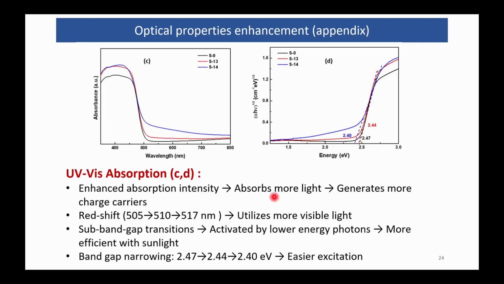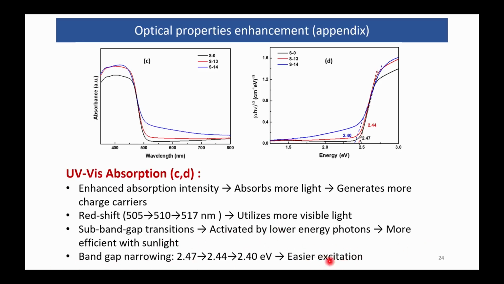And for absorption, we see that it can generate more charge carriers and utilize more visible light, so it is more efficient with sunlight. And it reduces the band gap.